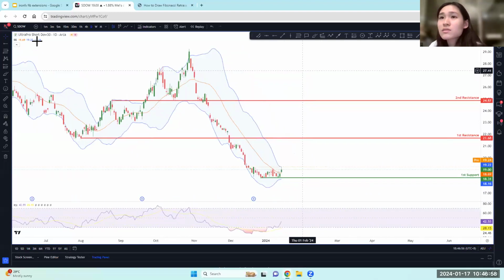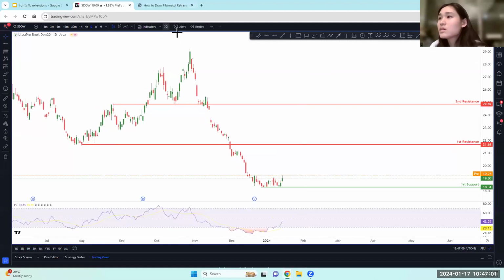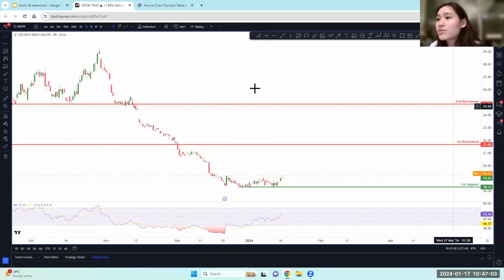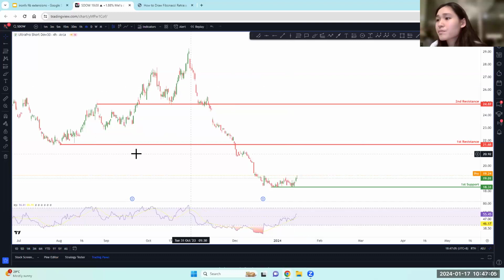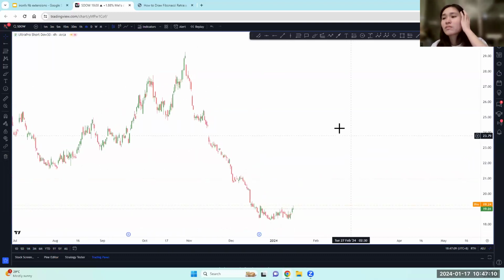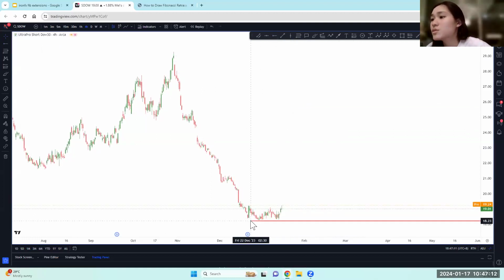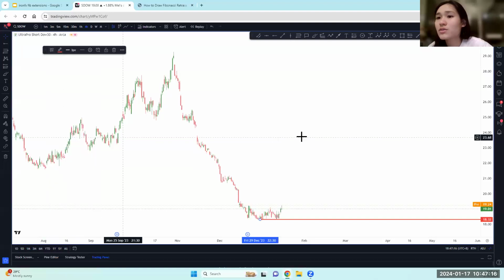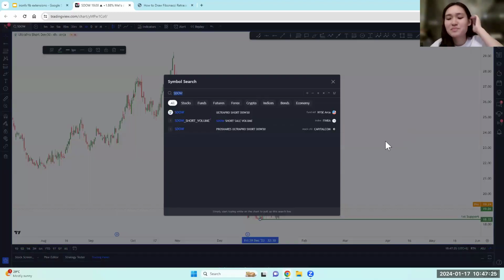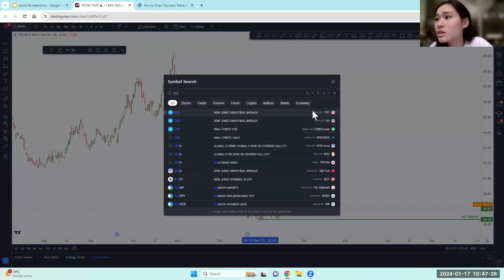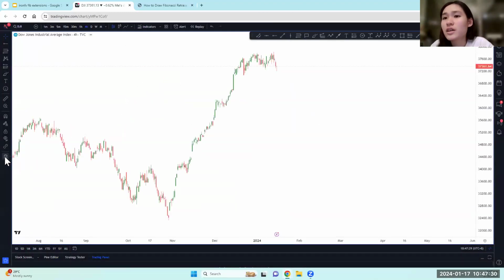Okay, let's look at our 4-hour time frame. So we kind of have the same levels here. This is our first support.